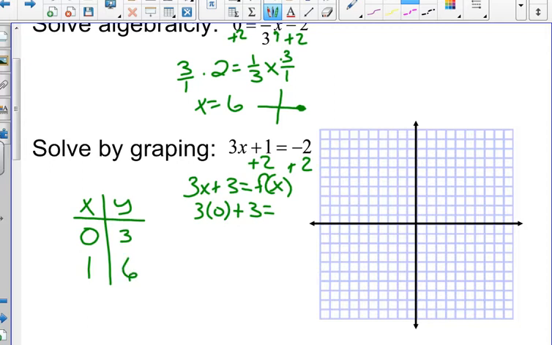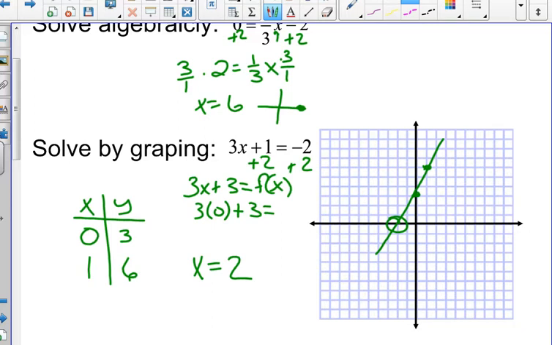Okay, so now we have our 2 points. They go over 0 up 3, and then we go over 1 up 6, and there's our graph. So that means our solution must be right there. Okay, so our solution for x has got to be 2. By graphing it, we found that our graph crossed the x-axis at 2.